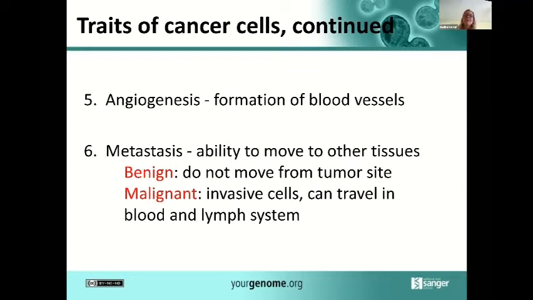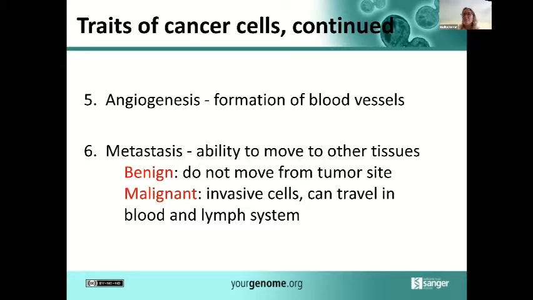And then finally, they have to do something called angiogenesis, which means making new blood vessels, because the cells need a lot of energy to do the division. So they need oxygen and they need nutrients to be able to produce that energy. And that can only come from the blood.